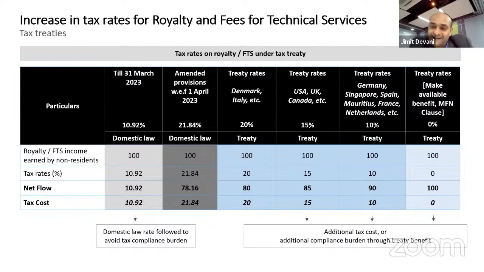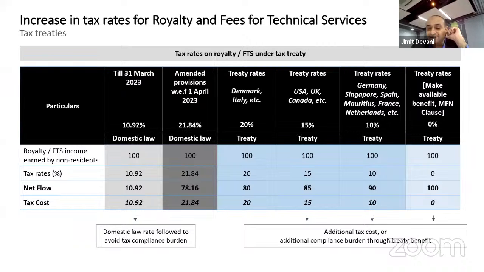So in those cases, if there is a concept of make available, the tax treaty rate reduces to 0% in case the services rendered are not made available to the Indian company. In that case, the tax rate is 0.